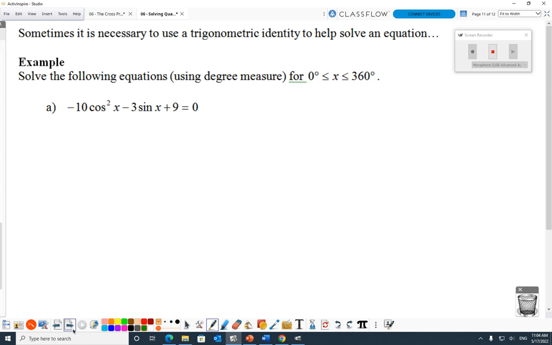I hand you your trig toolbox on the test, and you immediately remind yourself that's not the useful version. Well, it sometimes is. Mostly these are the useful versions. Cos squared is 1 minus sine squared.